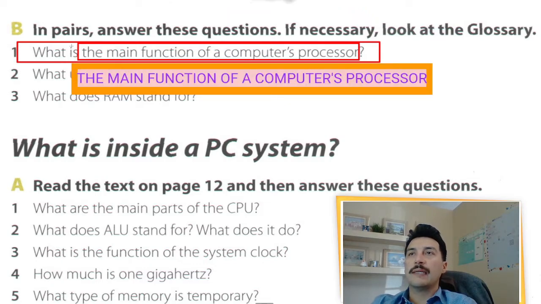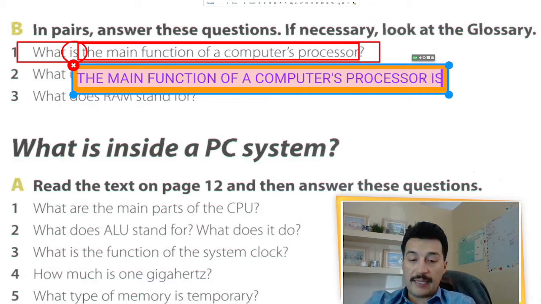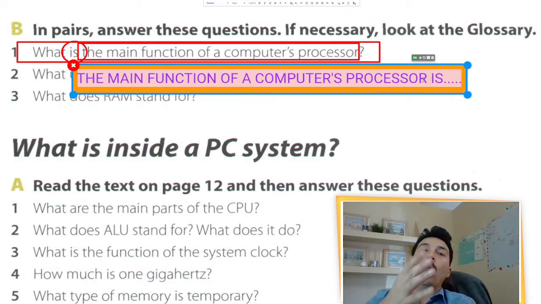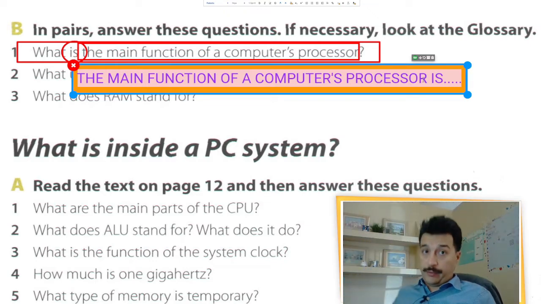Next, the verb right here is "is." What do you think is the main function of a computer's processor? Can you answer this question?